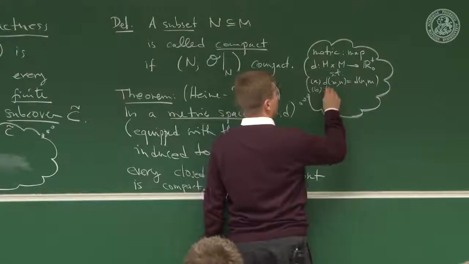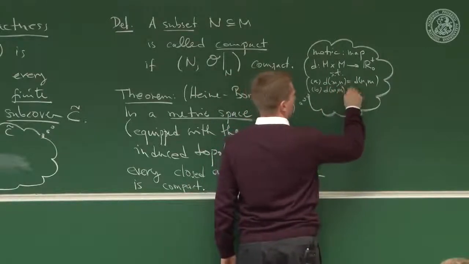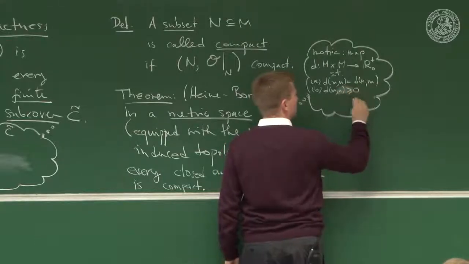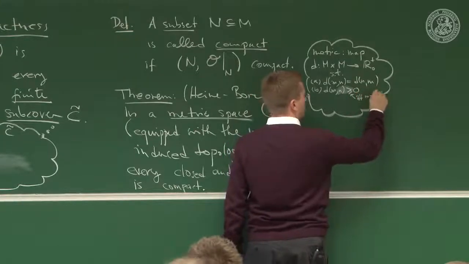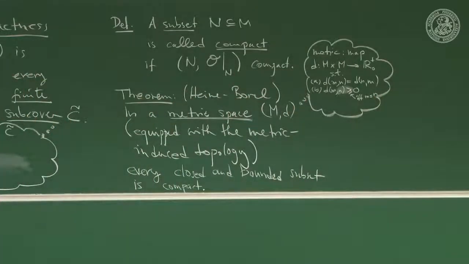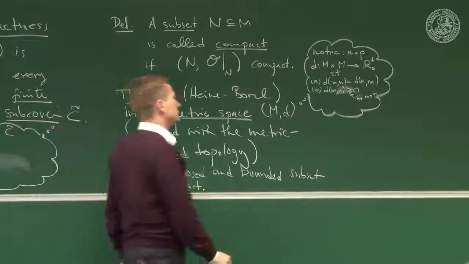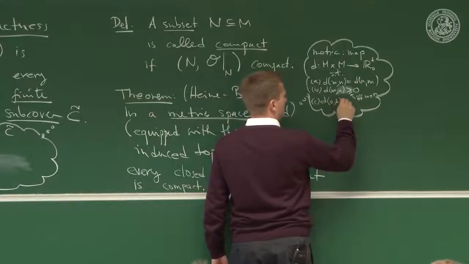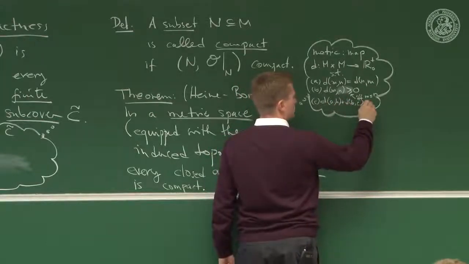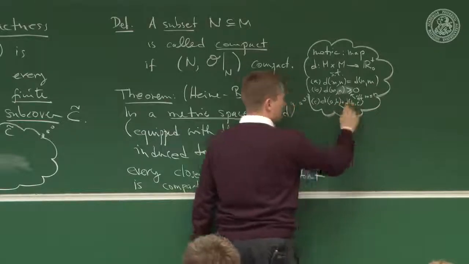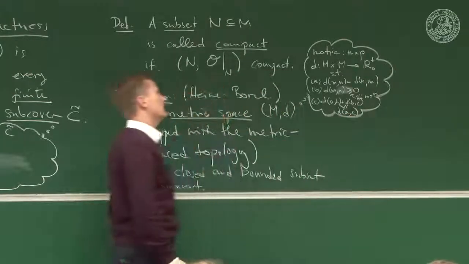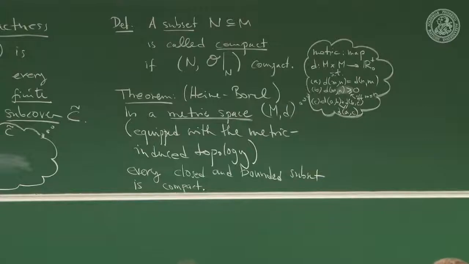B, you have a positivity property: d(m, n) is always greater or equal to 0, and equal if and only if m equals n. So two distinct points always have a non-zero distance. And property C is the triangle inequality. If you go from A to B and then from B to C, that ought to be always a bigger distance or the same distance as if you went from A to C directly. It's the triangle inequality. So it's this notion of metric.